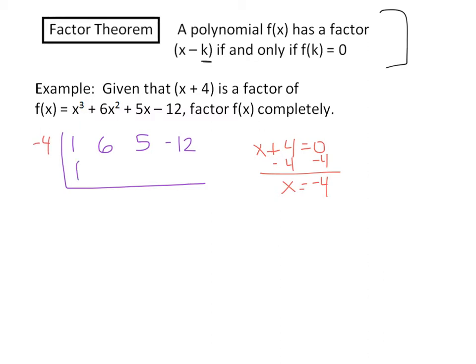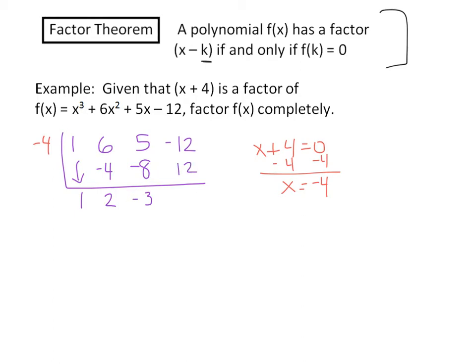Same steps: bring down the 1, -4 times 1 is -4. We add 6 plus -4 is 2. We multiply here, -4 times 2 is -8. Then we add 5 plus -8, which is -3. Then we multiply -4 times -3, which is positive 12, a negative times a negative.